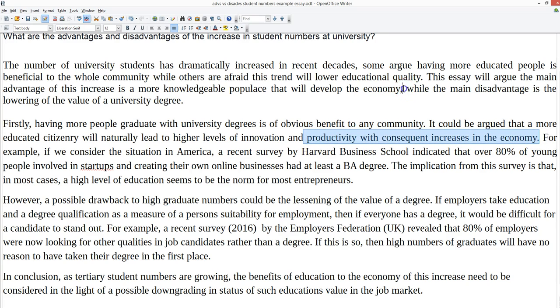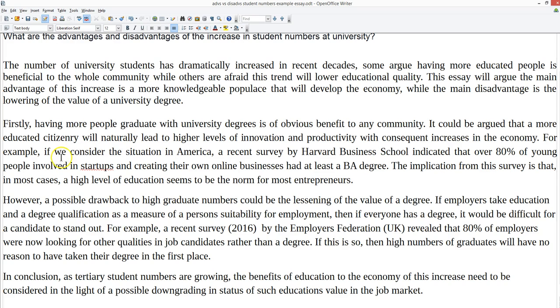Now, this is why I say having an outline sentence is of major benefit to developing your cohesiveness, because you're signposting what your main idea for paragraph 2 is. Develop the economy, productivity, increasing the economy. Then a specific example that illustrates your point. Not a general one, a specific example.